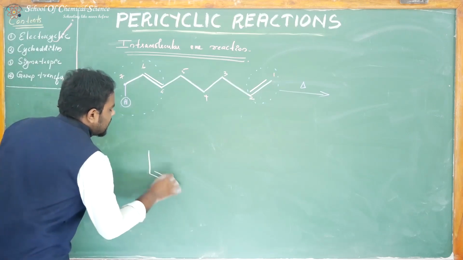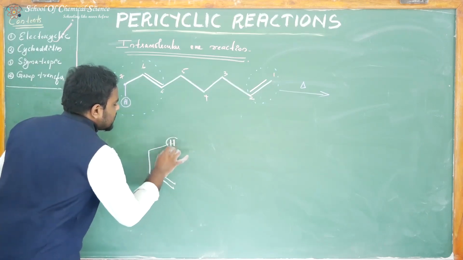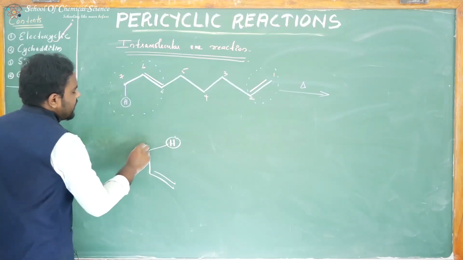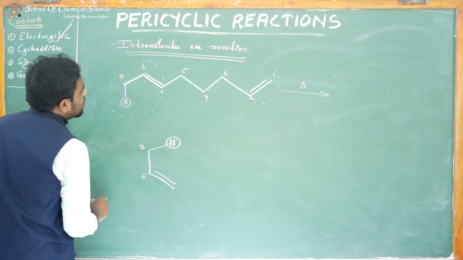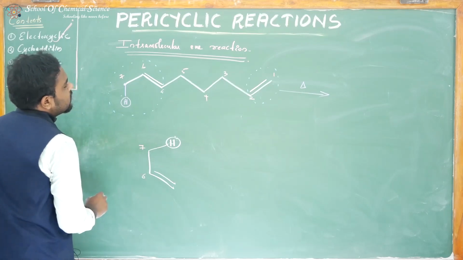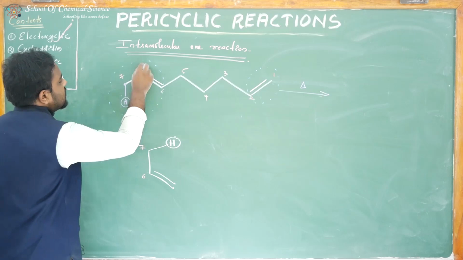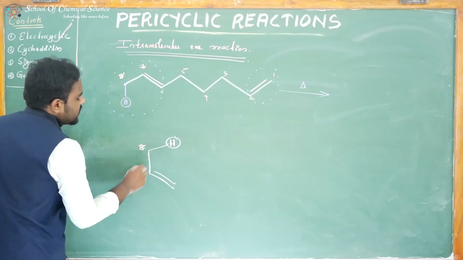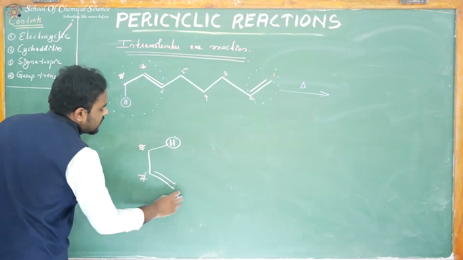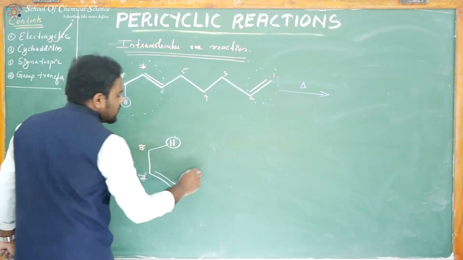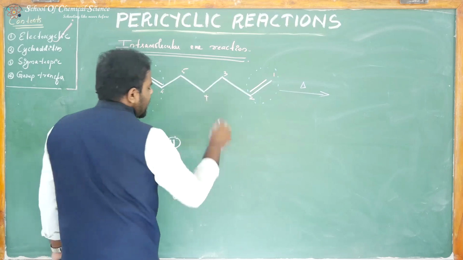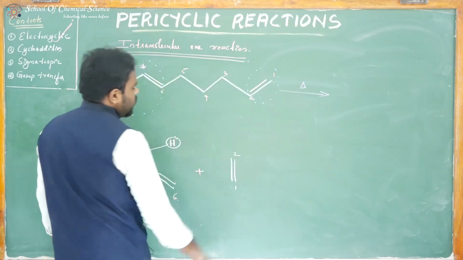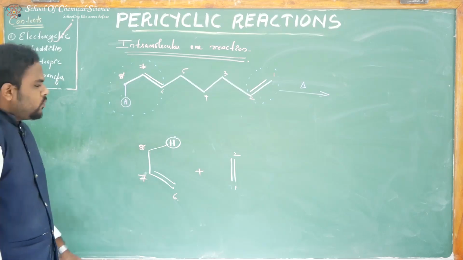The allylic system is carbon number 8, 7, 6, plus the enophile, which is 1, 2.